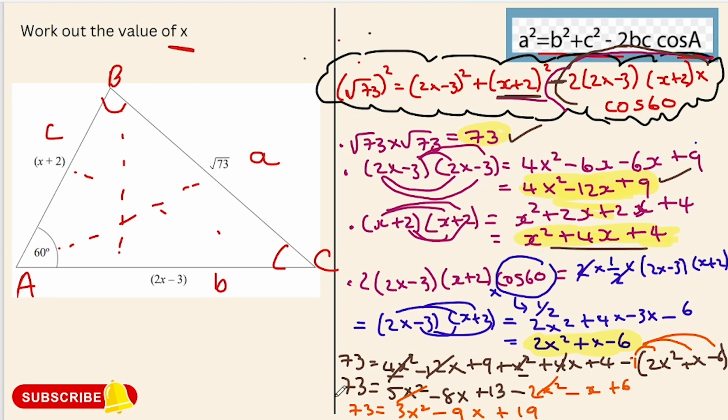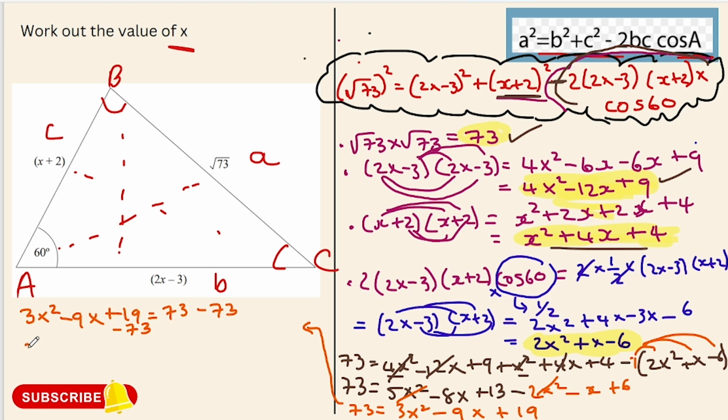Okay, I'm just going to move this on over here. After I've done that, I'm just going to quickly rewrite this. 3x squared minus 9x plus 19 equals 73. So I'm going to subtract 73 from both sides.